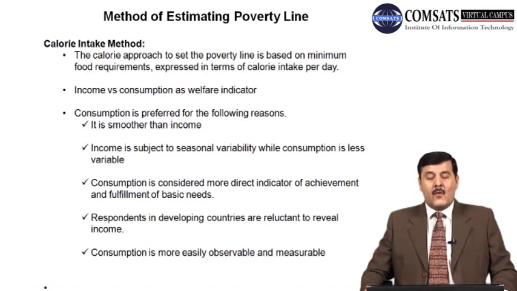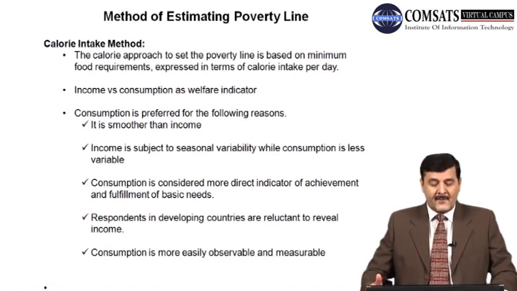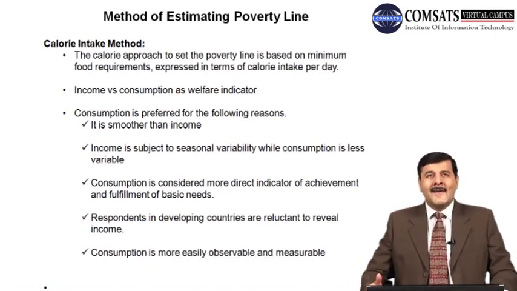Consumption is considered a more direct indicator of achievement and fulfillment of basic needs as compared to income. Respondents in developing countries are reluctant to reveal their income, but they can tell their consumption. Consumption is a more easily observable and measurable concept than income.